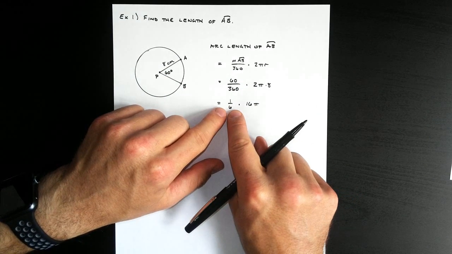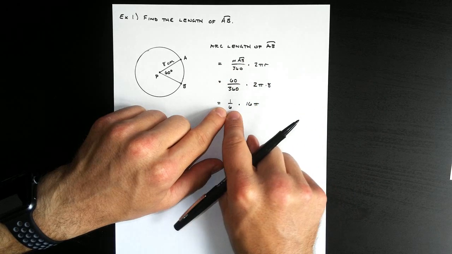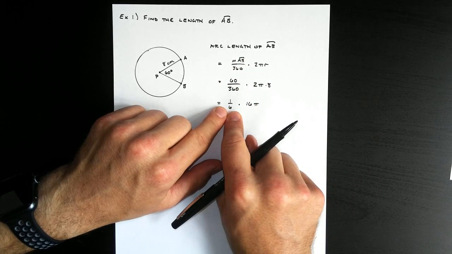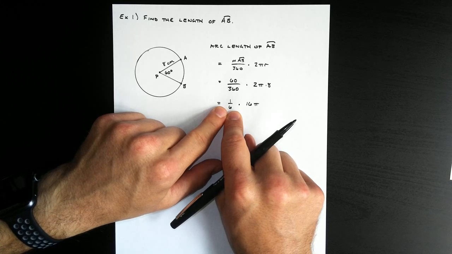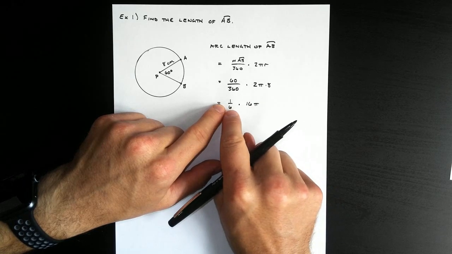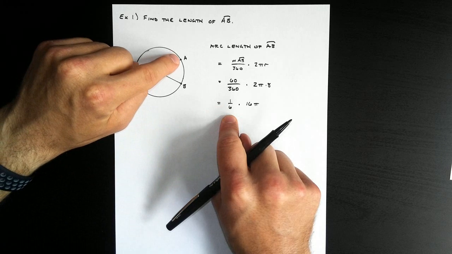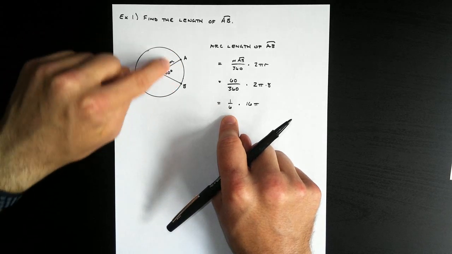This piece, we got this from the measure of the arc over 360. So what this tells me is I'm only looking at 1/6 of the circle. So if I want to find the arc length, I don't want the entire 16 pi. I only need 1/6 of that. So this arc from A to B makes up 1/6 of the entire circle.